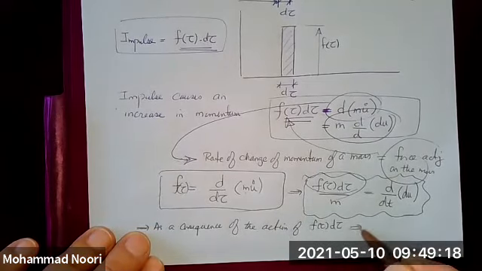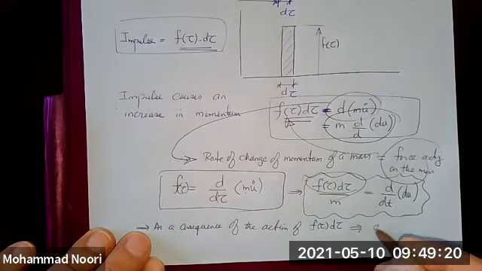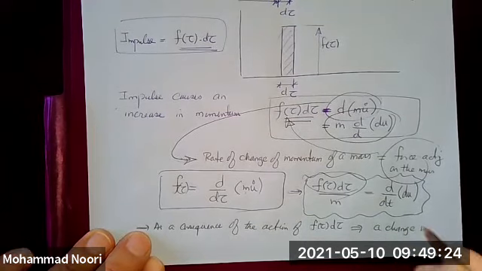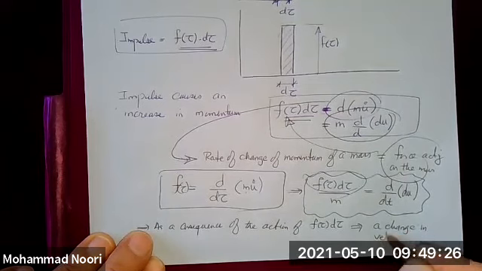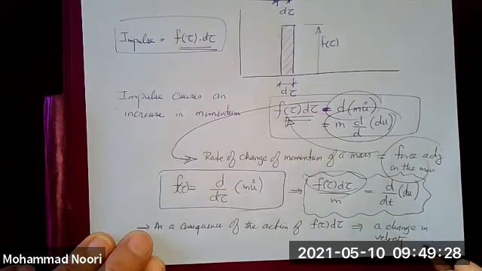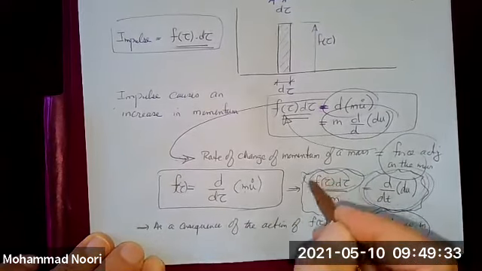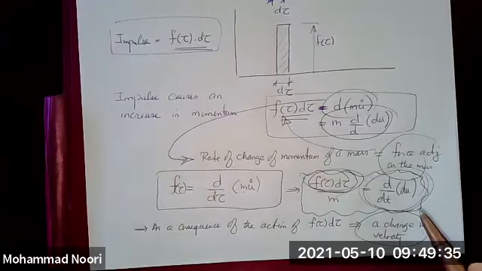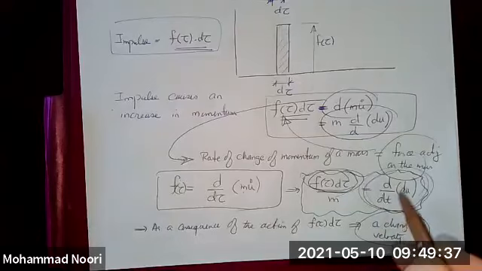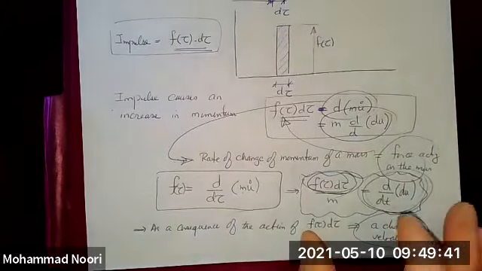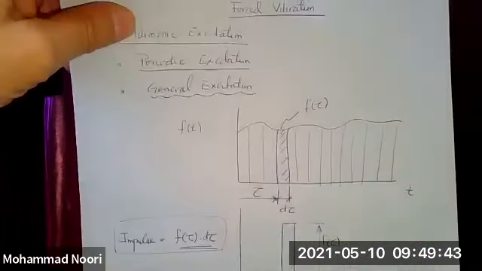We get a change in velocity. That's what the right-hand term is. So due to the action of an impulse load, what results is a change in the velocity. So what's the big deal?